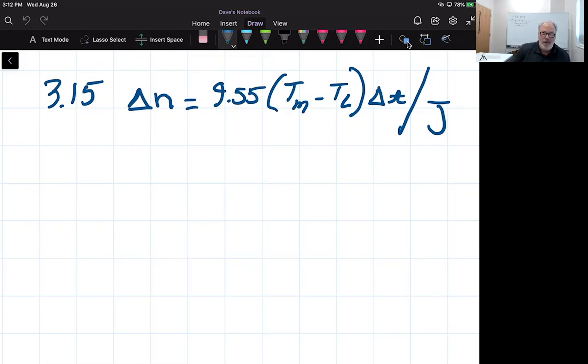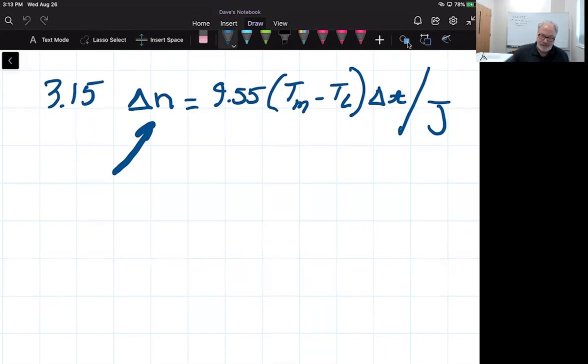If the motor torque is raised and it exceeds the load torque, the speed will increase. Conversely, when the motor torque is less than the load, the speed drops. The increase or decrease is this delta N. And this is the same as equation 3.14, except now the torque that we had there is replaced by the net torque between the motor and the load.